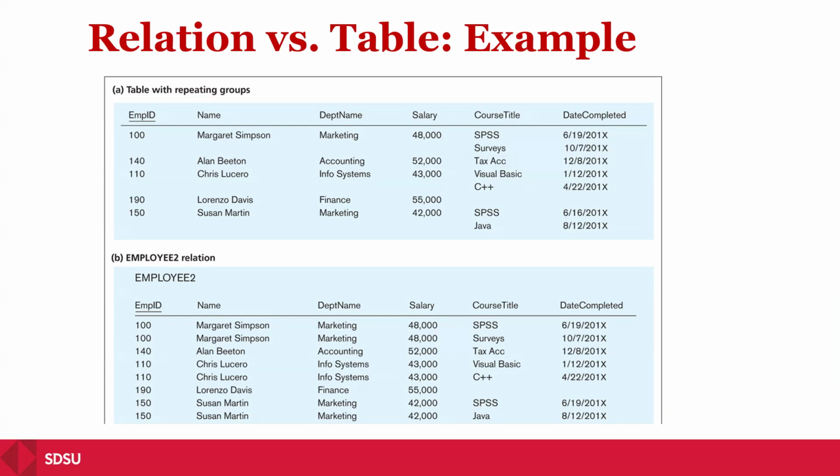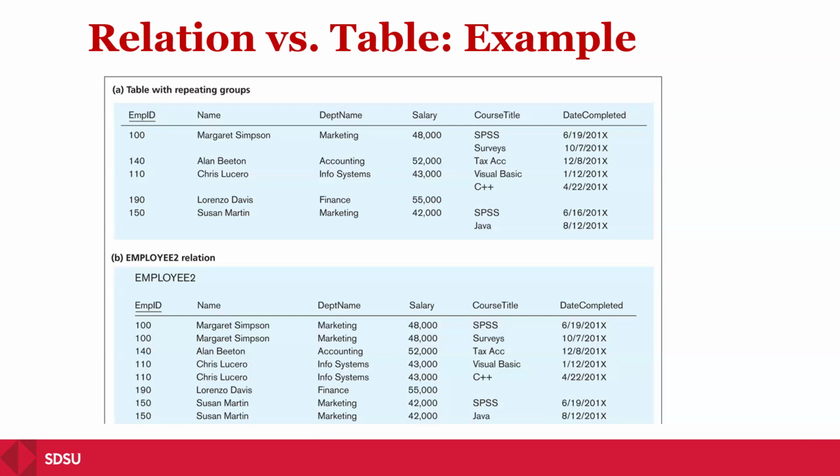So for example, employee Margaret Simpson took 2 courses, PSS and surveys. And another example of that is Chris. Chris also took 2 courses. That means that this table represented on the top is not a relation because relations do not allow multi-valued attributes, right?